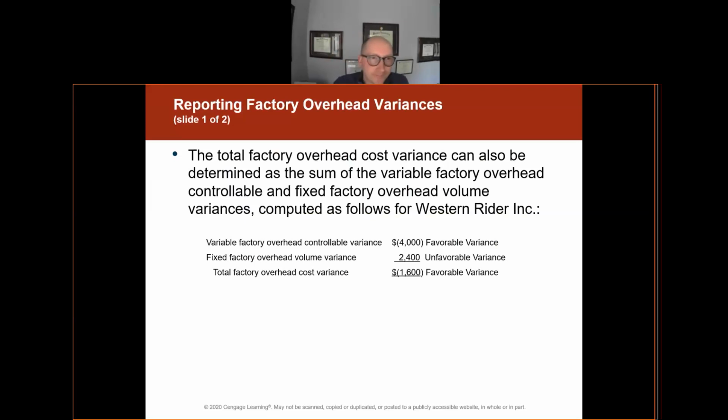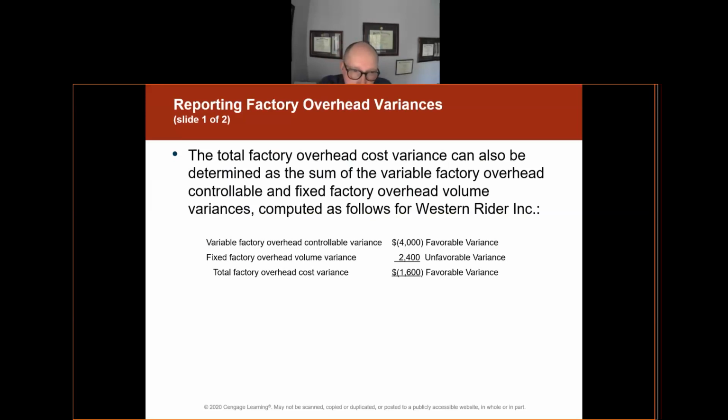Okay, we're almost done. So looking at our overhead variance, as you know, factory overhead is variable plus fixed. Our total variable factory overhead variance was minus $4,000. That's favorable because it's less than the budget.